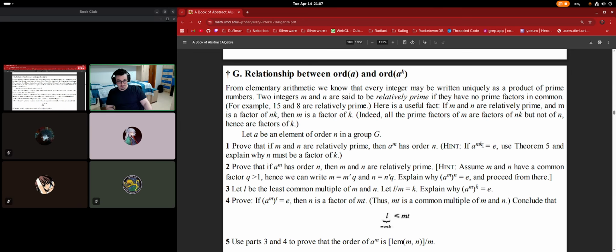Because m is a factor of k. We know that. But the k's are not really the same k. Which case? They are all written in the same sentence. The n must be a factor of k, not m. Yeah, I meant m.